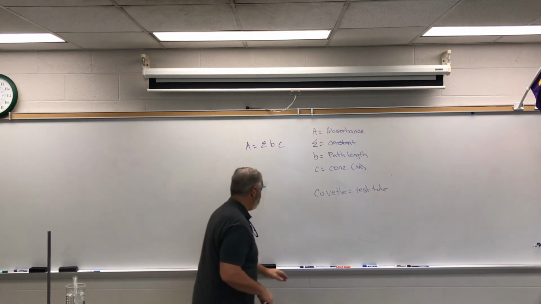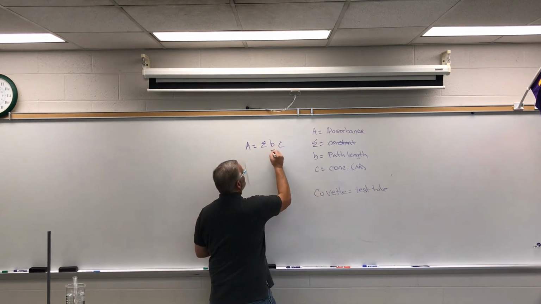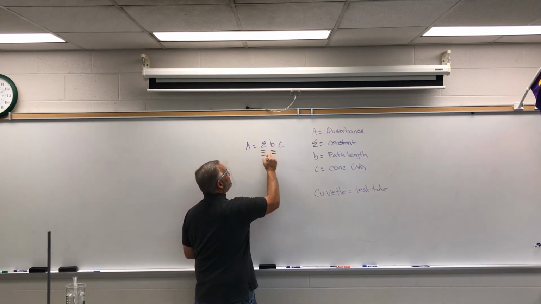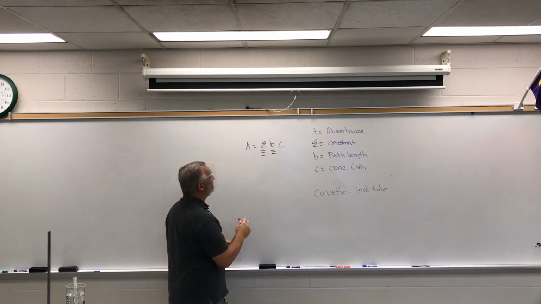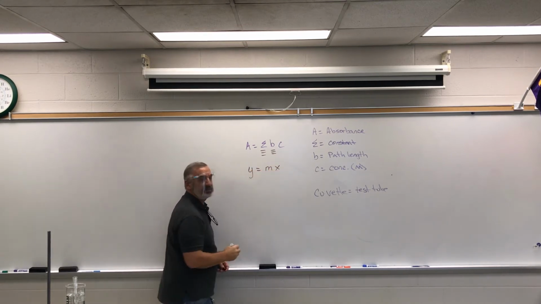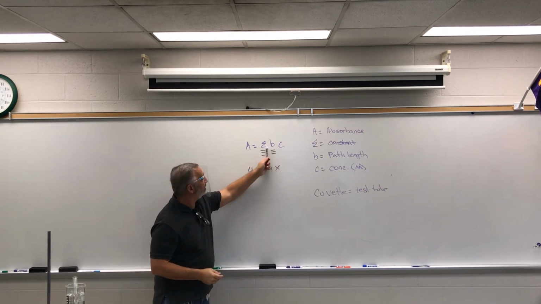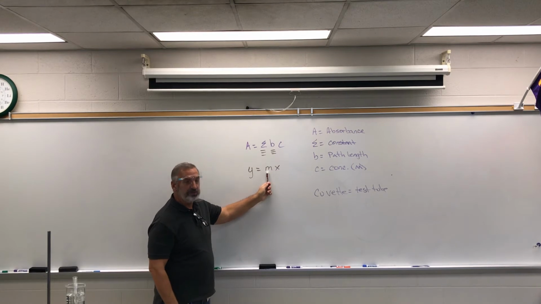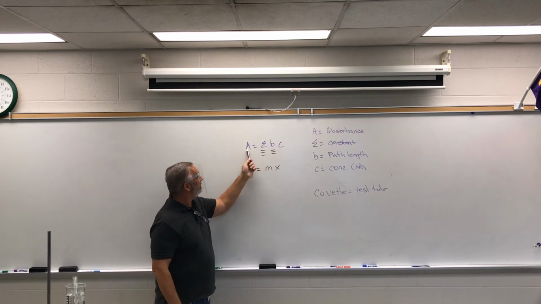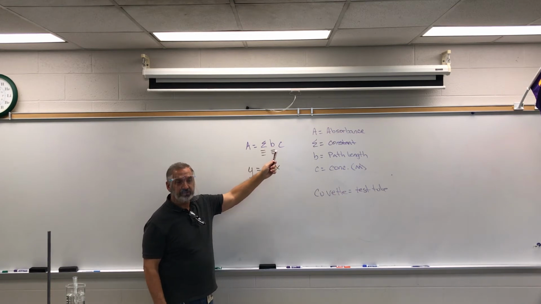So our path length is constant. This is a constant. So in a sense, this is y equals mx, right? You have two constants that would combine together to make your slope. So it's telling me that the absorbance and the concentration, what type of proportion? Direct proportion, based on math.